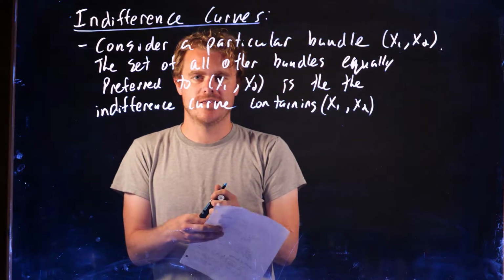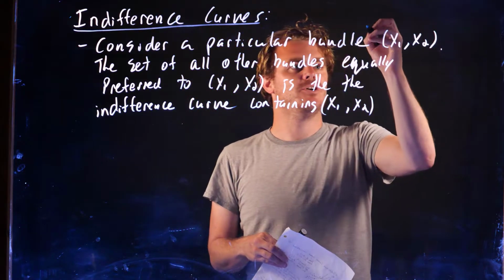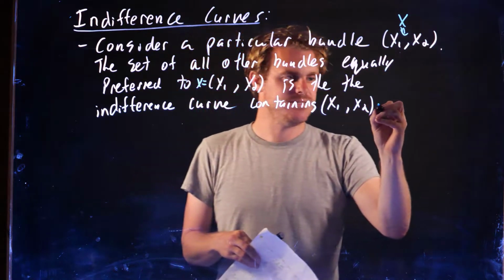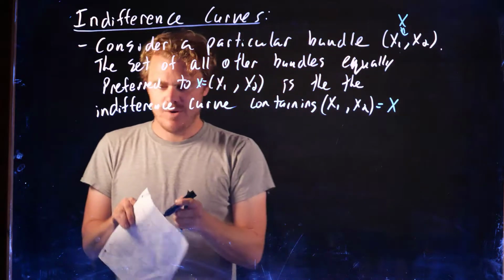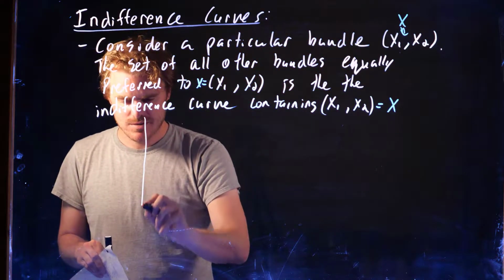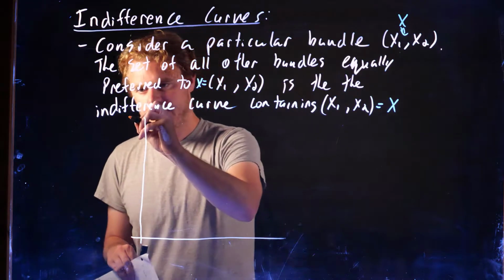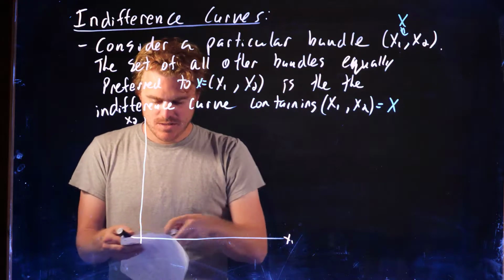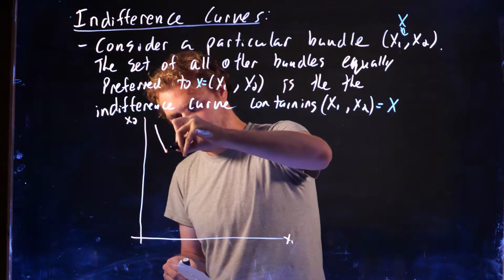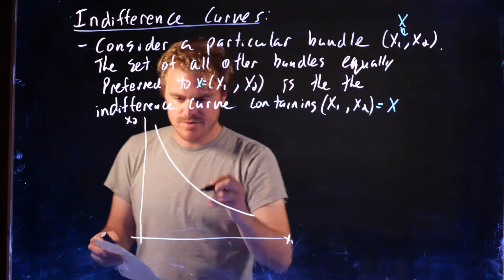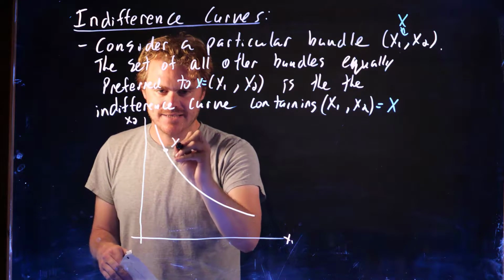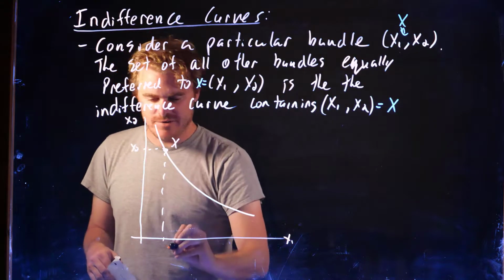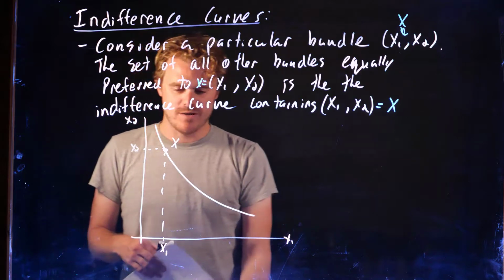So, usually we've been calling this bundle X, right? This is bundle X equals that. And so if we wanted to draw this out, good 2 is on the y-axis, good 1 is on the x. Here's this indifference curve where you have bundle, let's say X is up here, so it has X2 amount of good 2 and X1 amount of good 1.